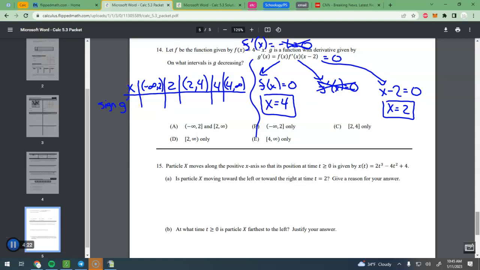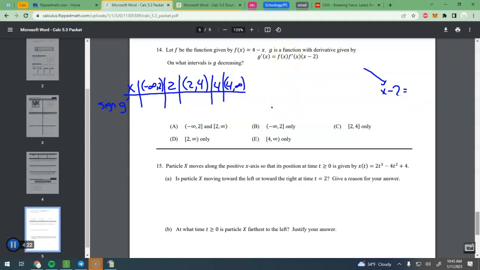So for this one I can use 0, because 0 is in between there, that's probably easiest. So if I plug 0 into this piece, which is f of x, positive or negative?